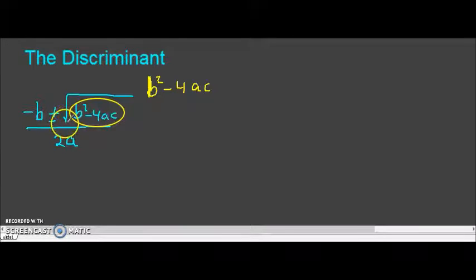So that makes sense because it's under the radical. If the discriminant is negative, then it has imaginary solutions, right?